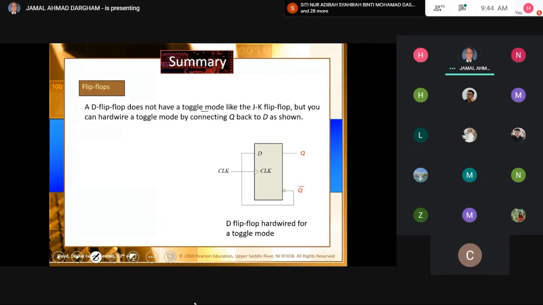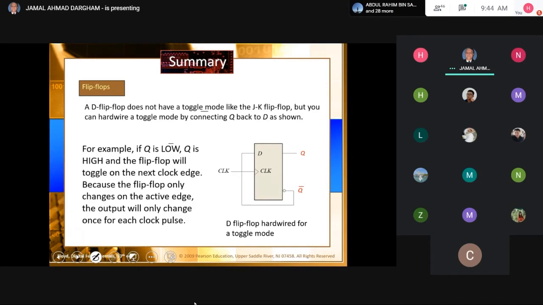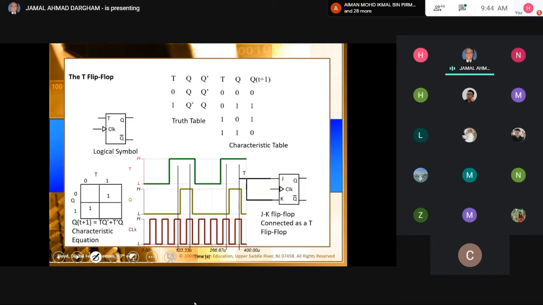You can make a T flip-flop from what we call D flip-flop by using this feedback. And you can make T flip-flop also from JK flip-flop, or you can buy a T flip-flop.